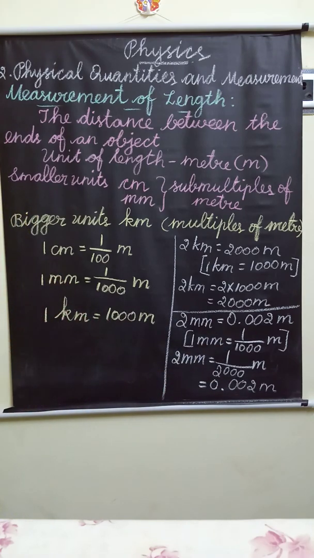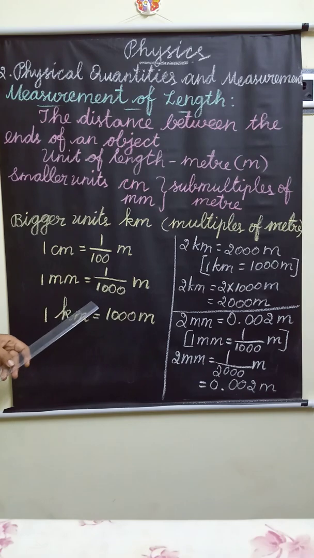Okay. Next, the standard unit to define smaller units and bigger units. Which is the standard unit? Meter is the standard unit. 1 centimeter is equal to 1 by 100 meter. This is the formula.